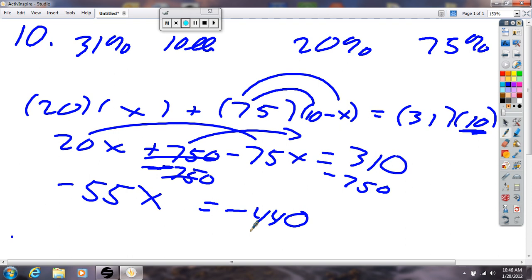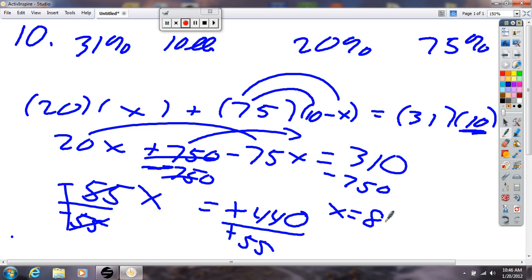I'm going to subtract these, keep the sign of the bigger number. 5 take away 1, 7 take away 3, 44. Zero. And now what? Divide by negative 55. Negatives cancel. 55s cancel. How many times does 55 go into 440? 8.